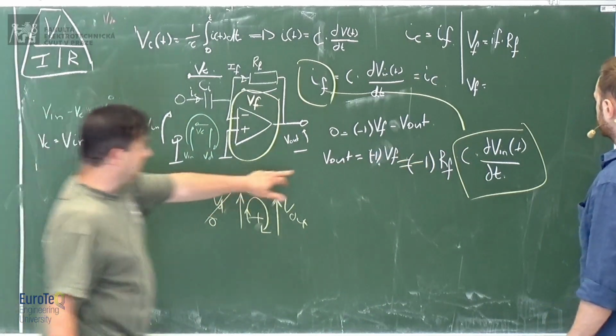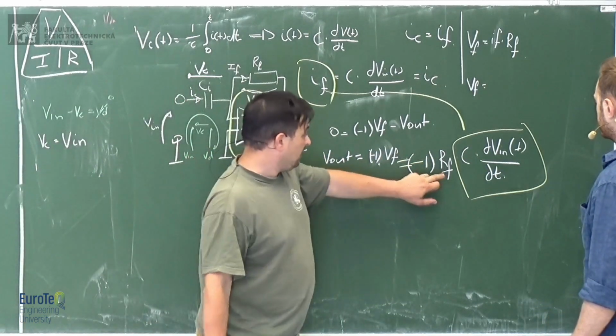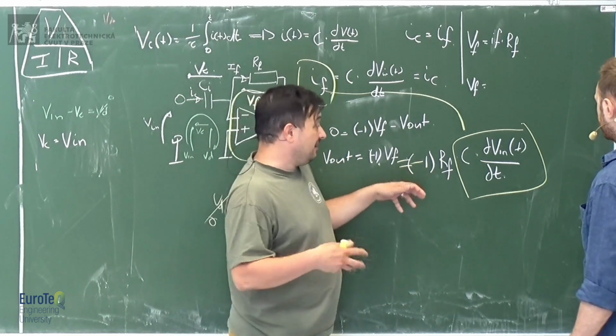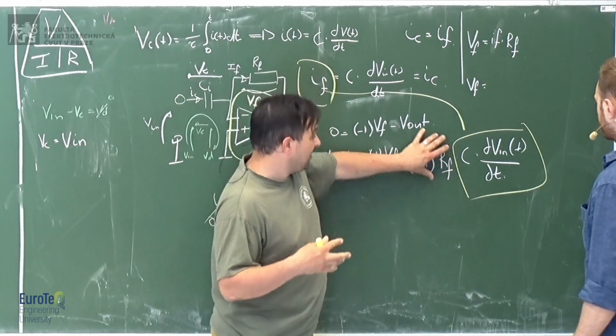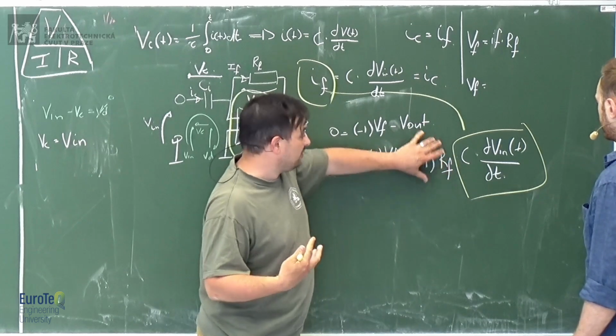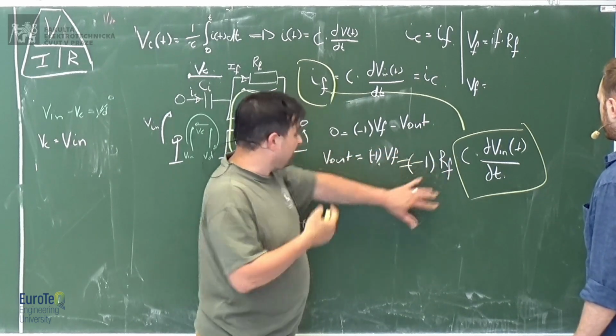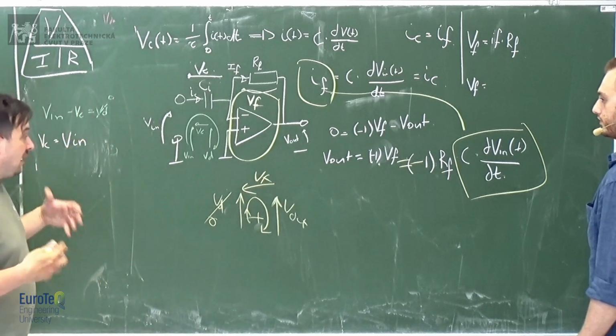And then you get an output which is times RF. So in some sense, you still amplify it because you still have here a resistor. You put a bigger resistance, you have a bigger output voltage.